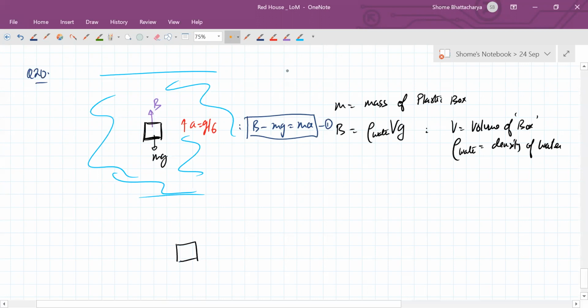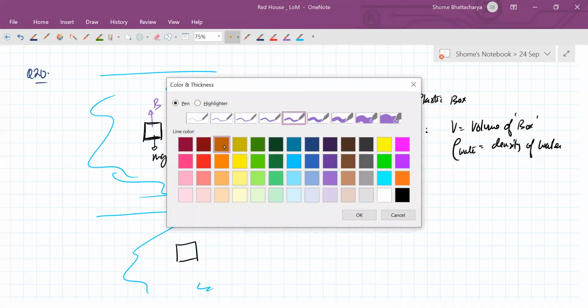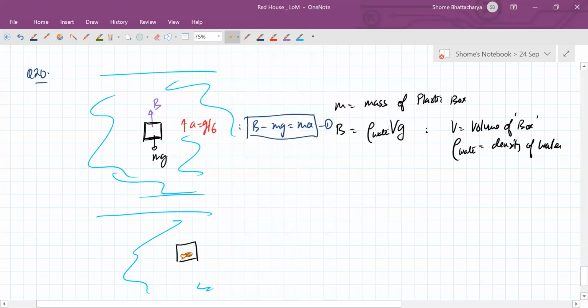So this box is still underwater, but you have filled some sand inside it now. So we filled some mud or sand or whatever. So this time the total weight is becoming m plus m prime, let's say, into g, where m prime is the mass of sand added.